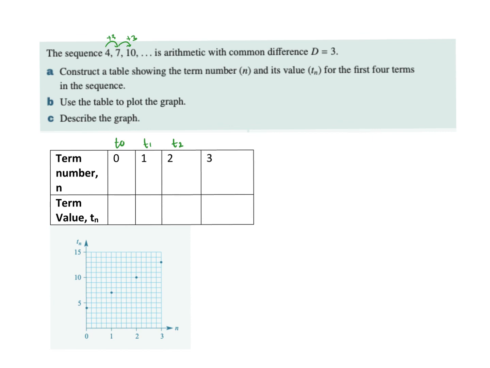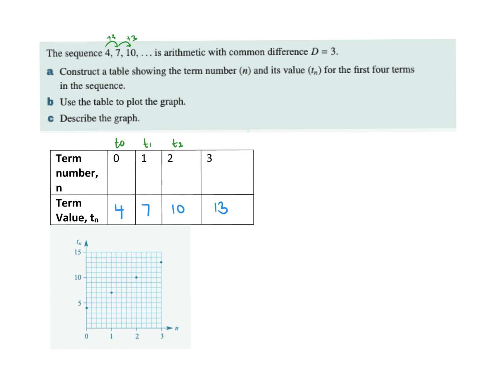And it says write the first 4 values of this sequence. We can see up there that they started on 4, and T1 was 7 and T2 was 10. Then if we add another 3, that would be 13. Because they're just saying the first 4 terms of the sequence, and T0 is a term, we only have to get to T3, really.